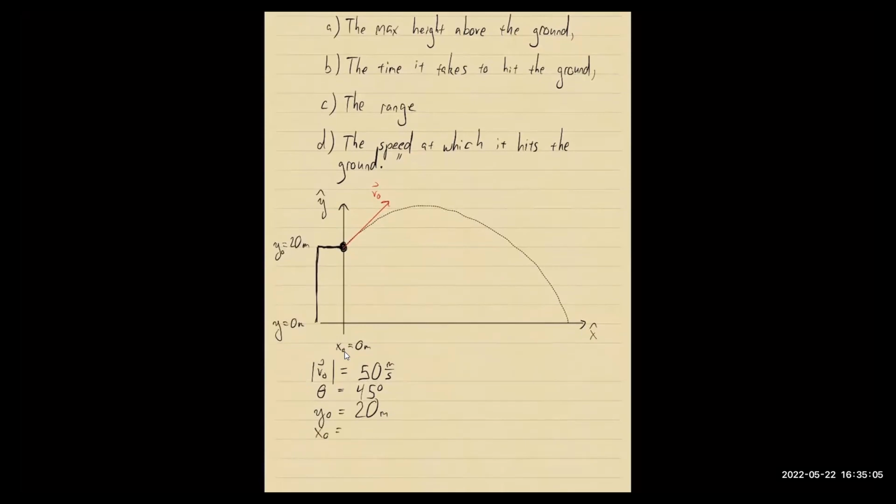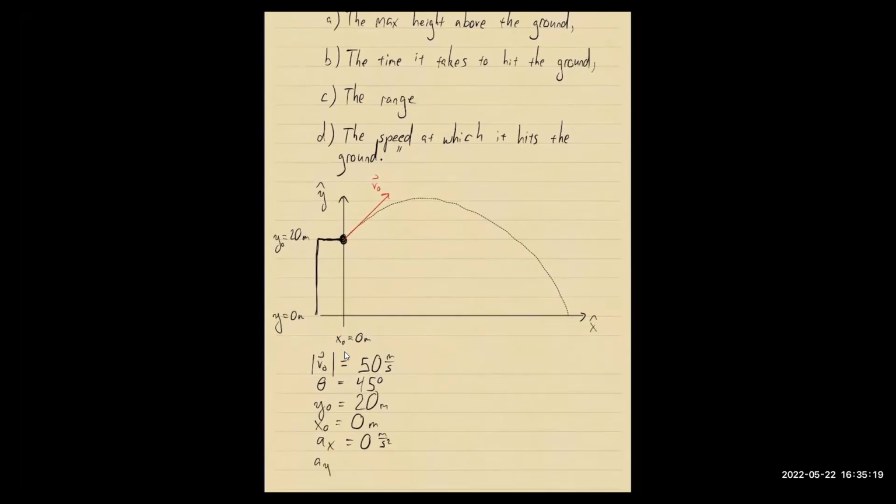So just like that, 0 meters. And this is still a projectile motion problem. So in the x direction, our acceleration is going to be 0 meters per second squared. And in the y direction, our acceleration is going to be g, which is minus 9.8 meters per second squared.